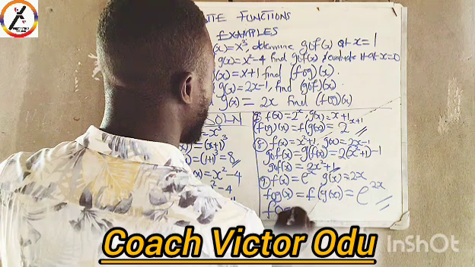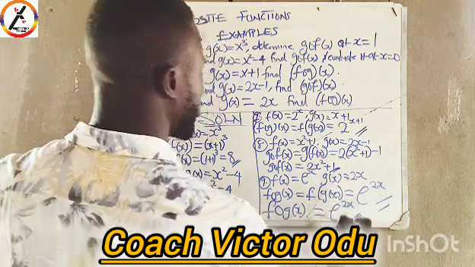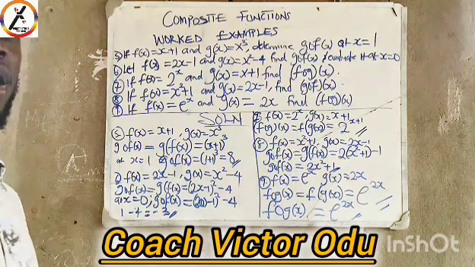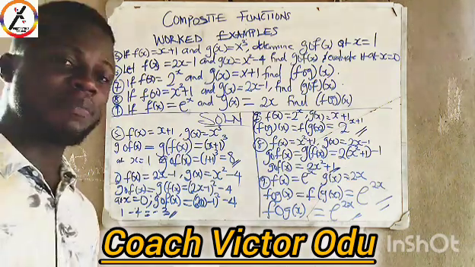So f of g of x is equal to exponential 2x. Very simple.